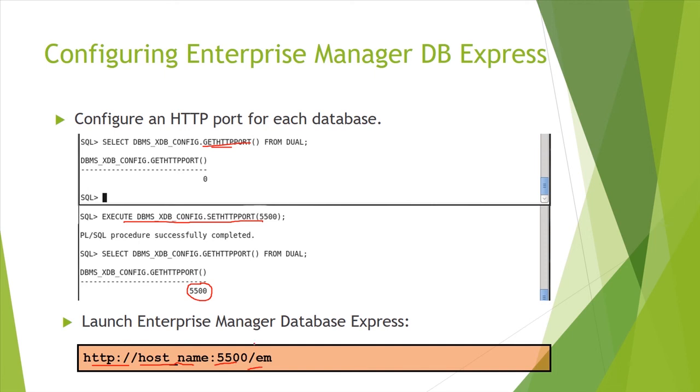You can access this URL in any browser like Microsoft Internet Explorer, Firefox, Chrome, or others. Oracle Database Express is used only for managing one database. In case you have 2, 3, or 4 databases, for example, you have to configure Database Express for each database.